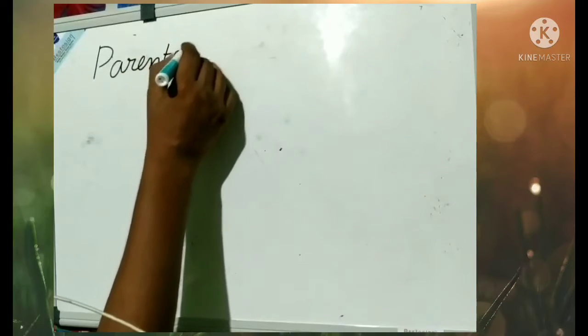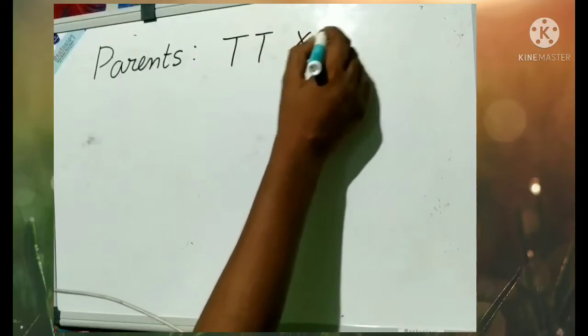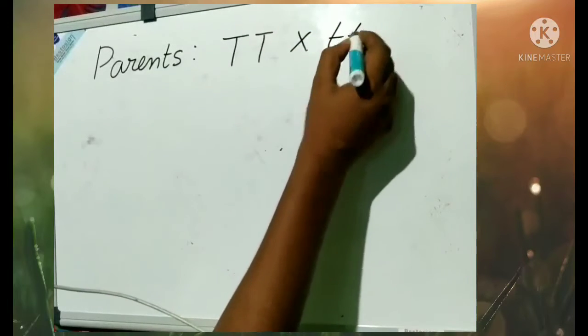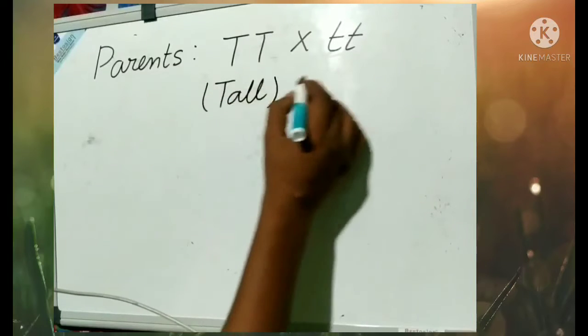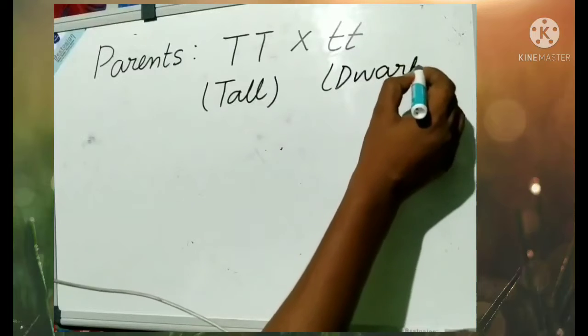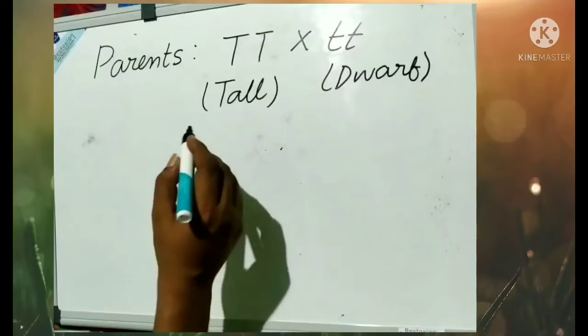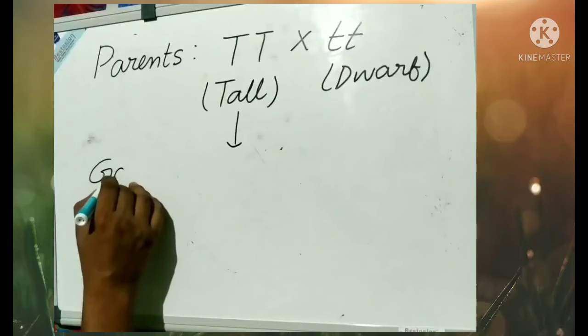One will be pure tall and the other will be pure dwarf. This is the tall pea plant and this is the dwarf pea plant. Now the second step is gamete formation. So here we find gametes.